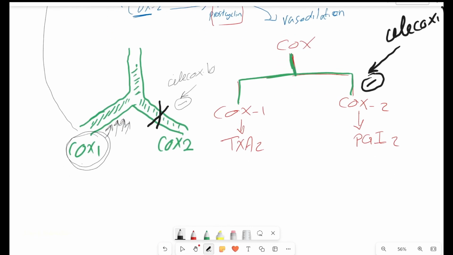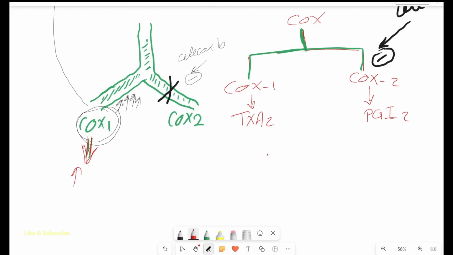So increased activity of COX-1, I prefer to go with the red because it's a risk. That means increased platelet aggregation, and what else? We have vasoconstriction.